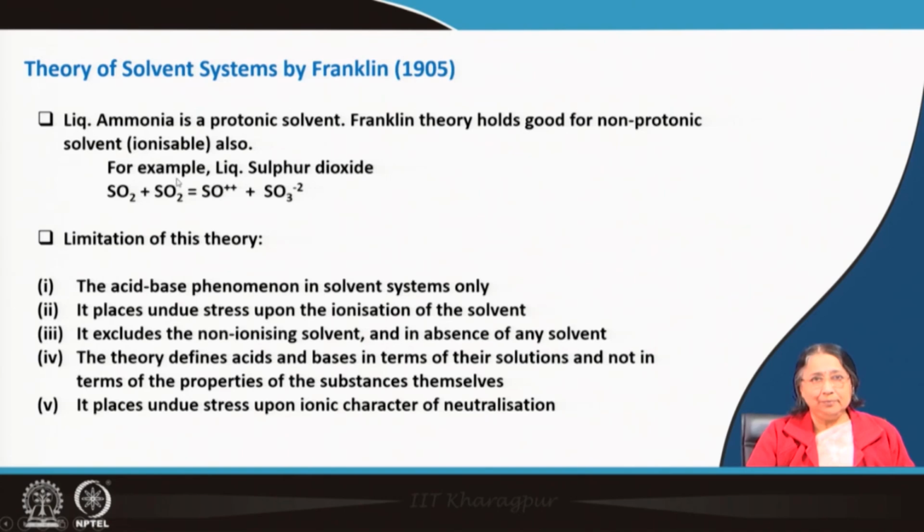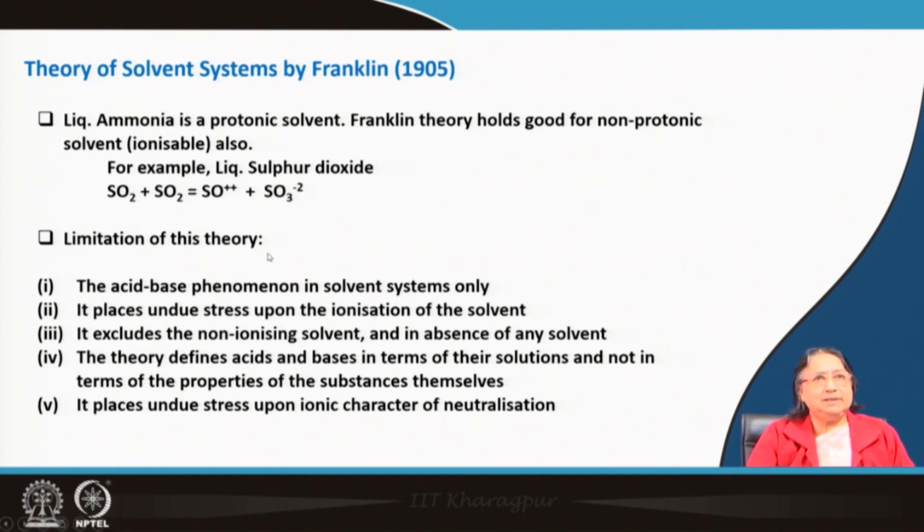Something which gives the cationic part of sulfur dioxide, that is the thionyl group, will be an acid, and something which gives in liquid sulfur dioxide the sulphite ion, that is SO3 minus 2, will be called a base.